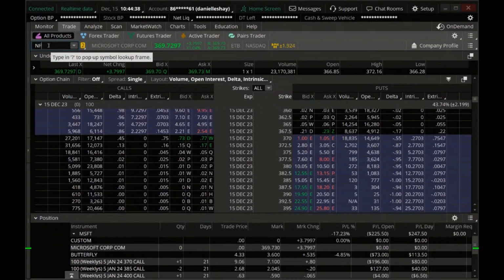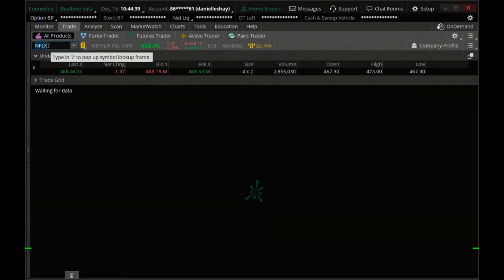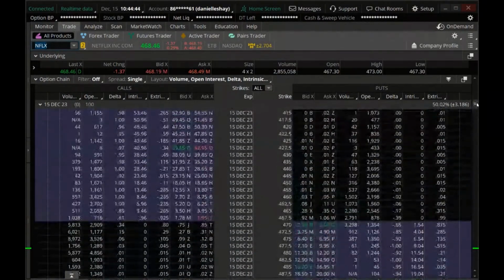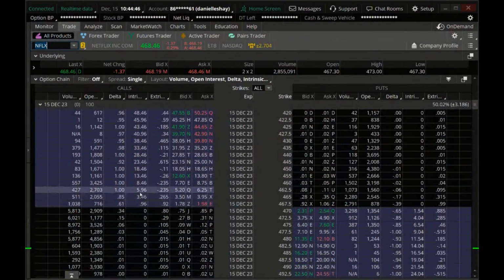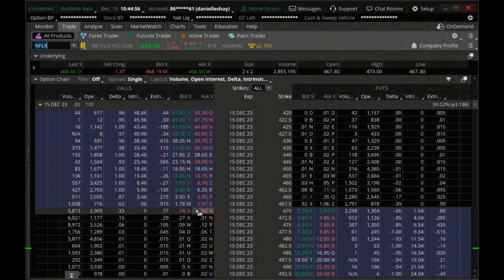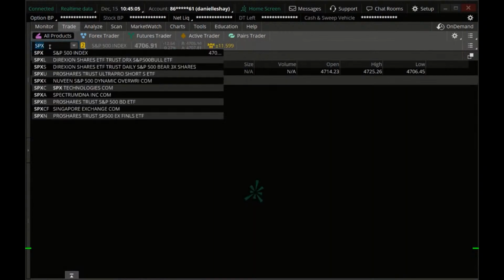If you look at Netflix, you can see that you have 2,900 contracts at the 470 strike, and you see how it's just below it. So if I'm going to do an options expiration condor, it's going to be on one of these major names because they have the most options activity.